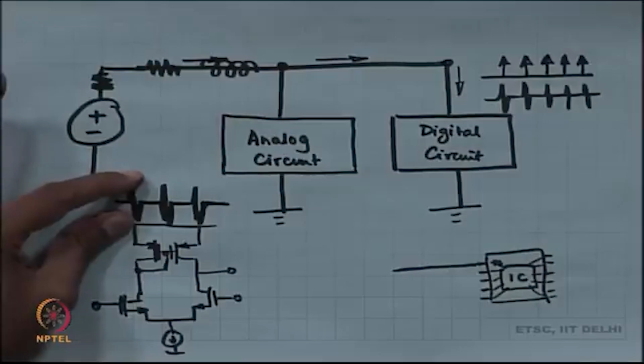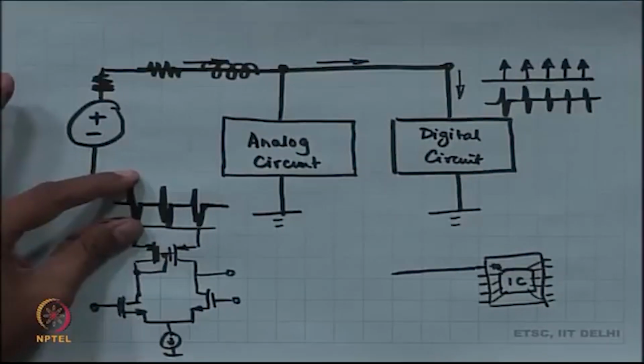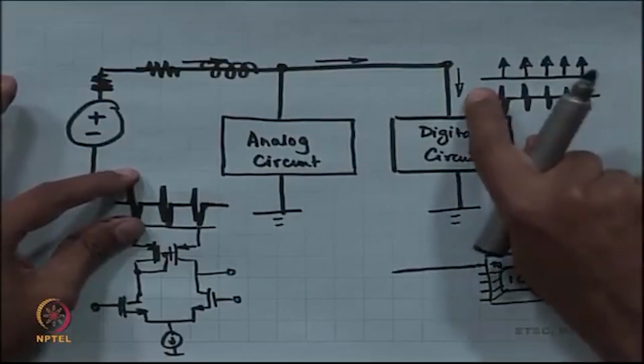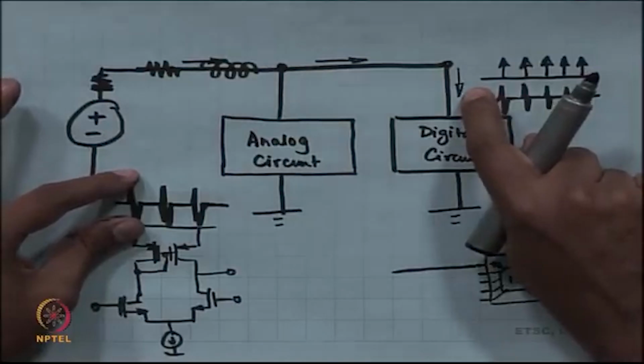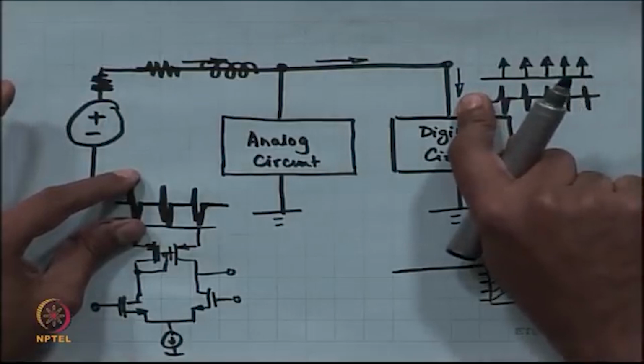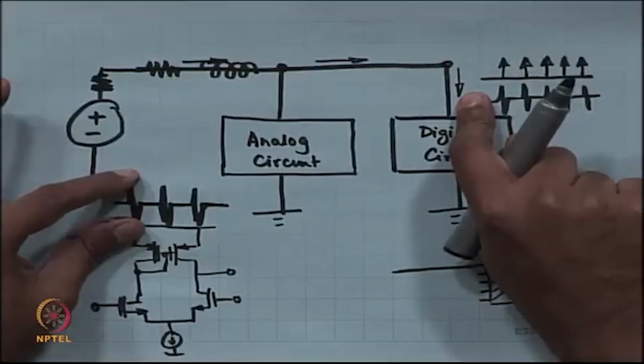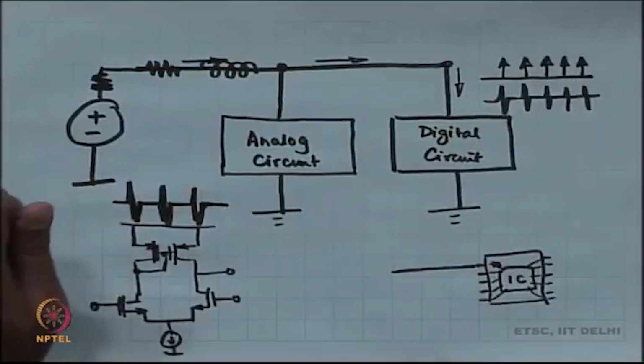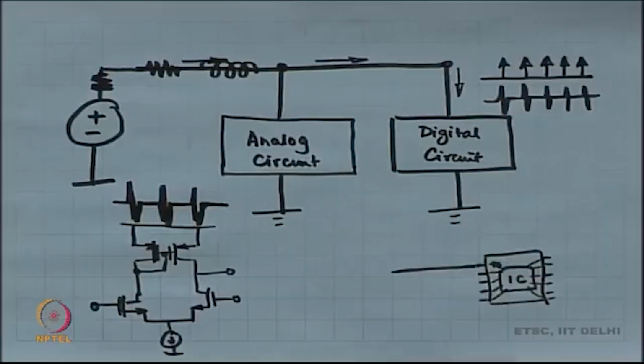So, the amplitude of this is going to be pretty large even when the current is small, right. This current might be of the order of some 100 microamperes, all right, but this amplitude is going to be fairly large, because what matters is di by dt, not the current itself, all right.